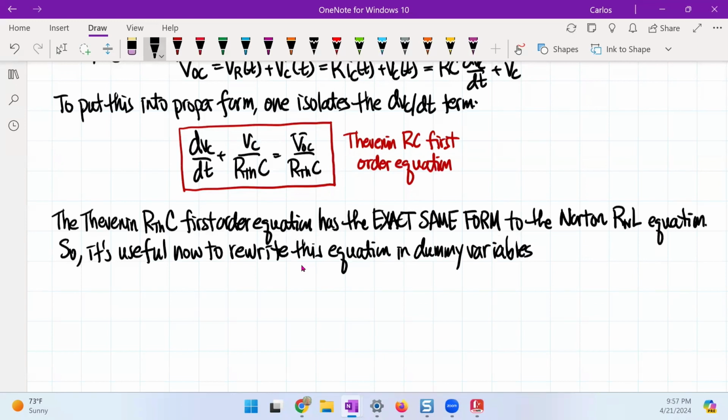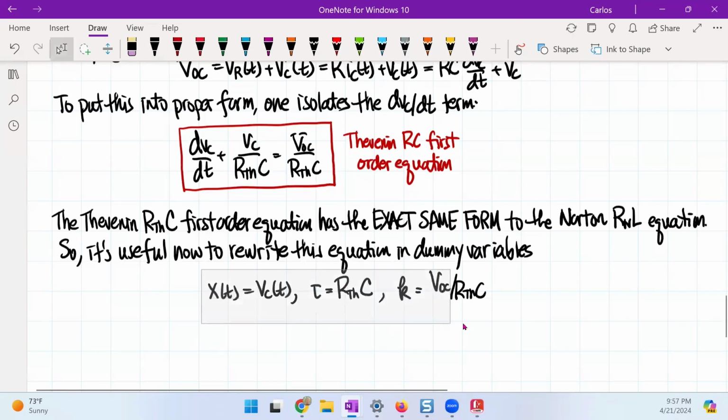So what we'll do here is that we're going to say that x of t is our storage element. Later on, it's going to be the inductor current. And then we have our time constant tau, which we call RTH C. And then I'm going to define the constant on the right side, the source divided by tau, as VOC divided by RTH C. Now this is a little bit close, so let me bring it down a bit.